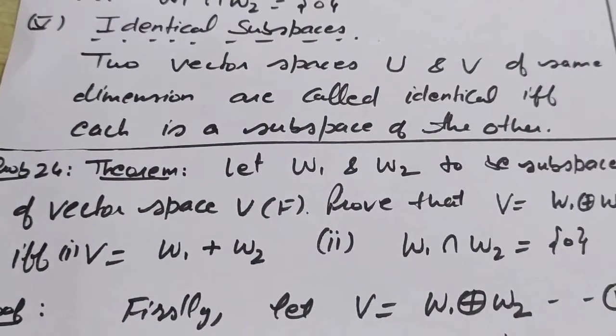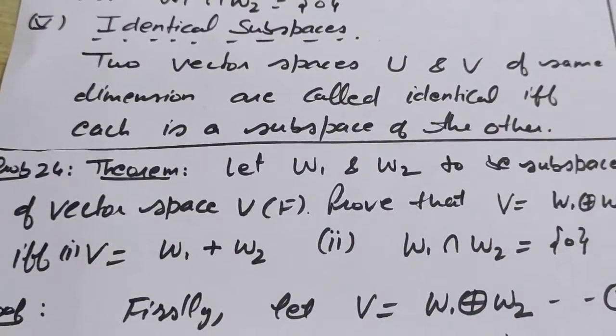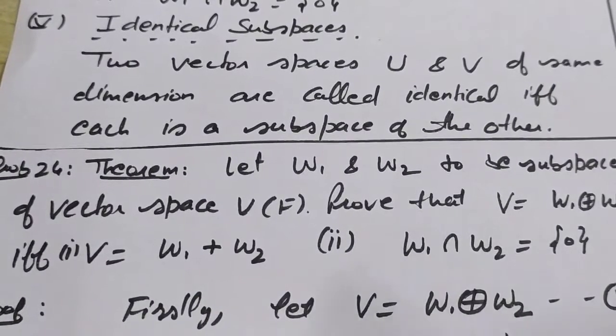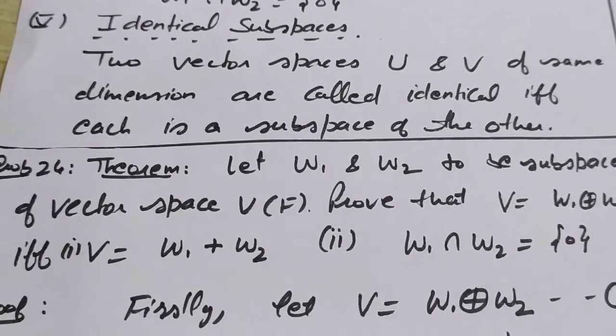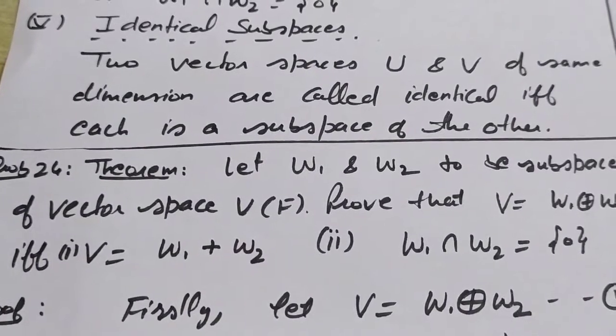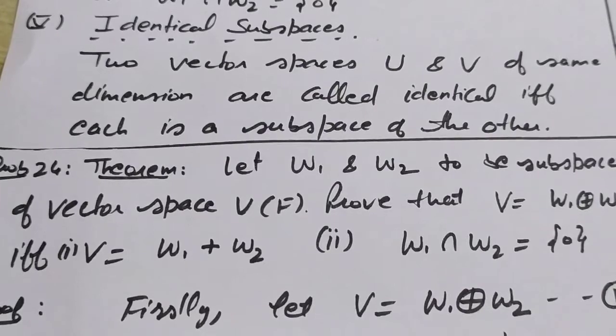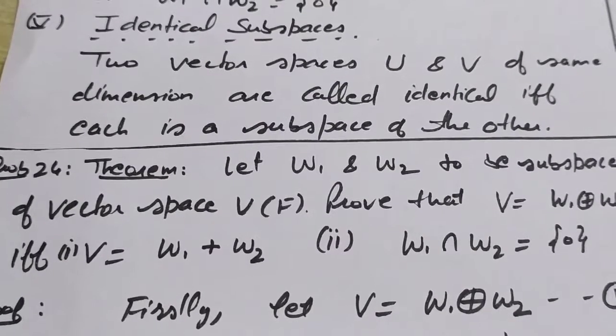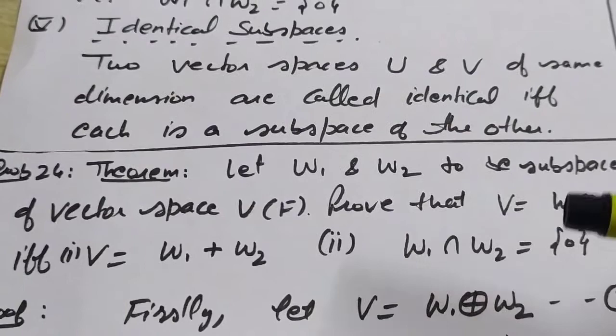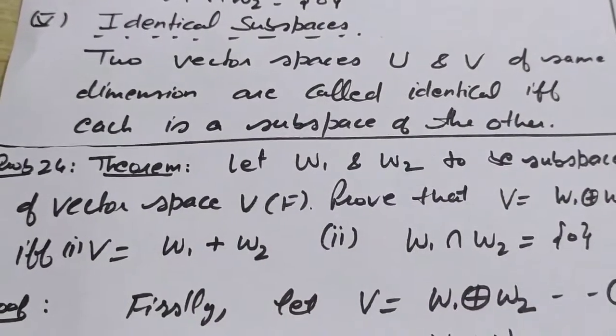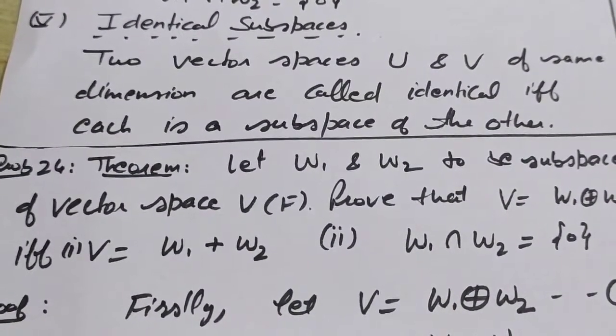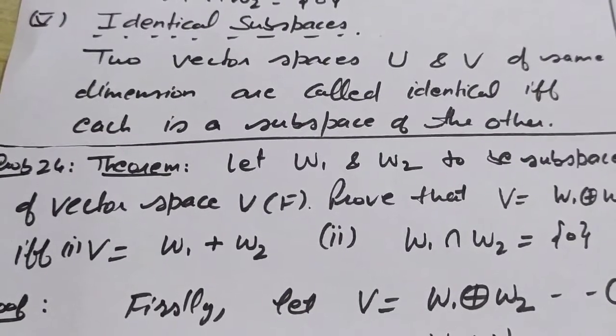Students, you must learn this theorem as a statement also: a vector space is the direct sum of two subspaces if and only if it is their linear sum and their intersection is the zero space. This is a necessary and sufficient condition for a vector space to be a direct sum of two subspaces.